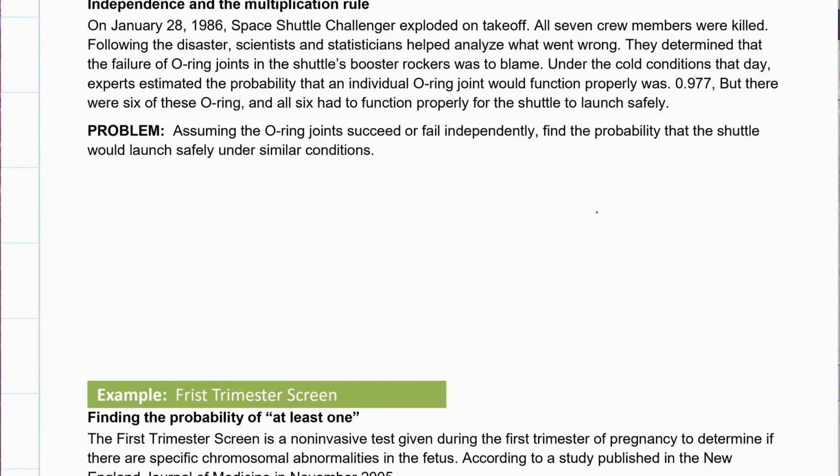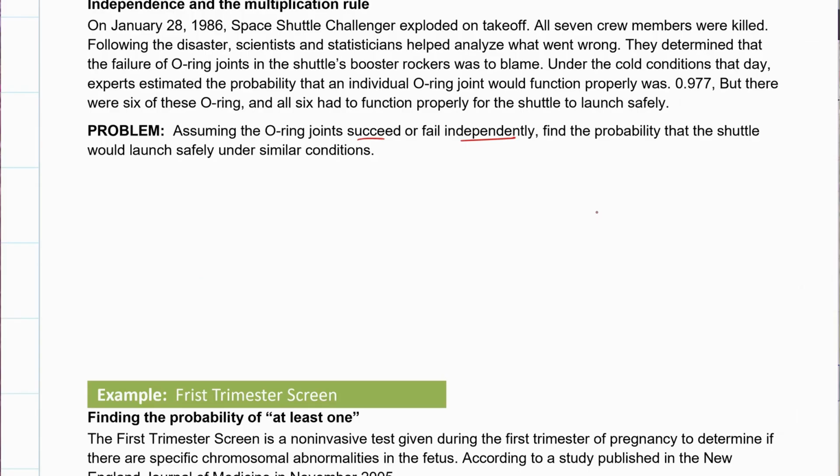Under the cold conditions that day, experts estimate the probability that an individual O-ring would function properly was 97.7%. But there were six of these O-rings, and all six had to function properly for the shuttle to launch safely. Assuming that they succeed or fail independently, find the probability that it would safely launch.